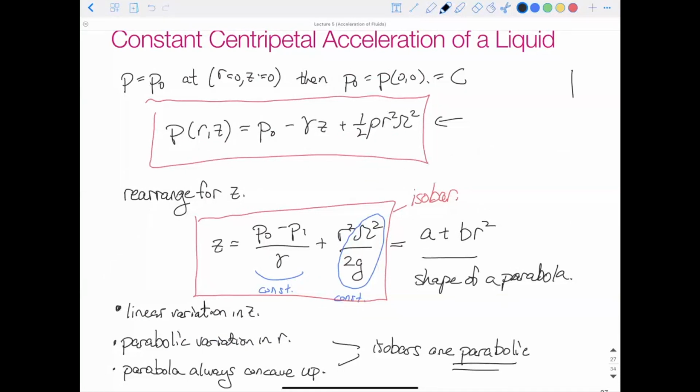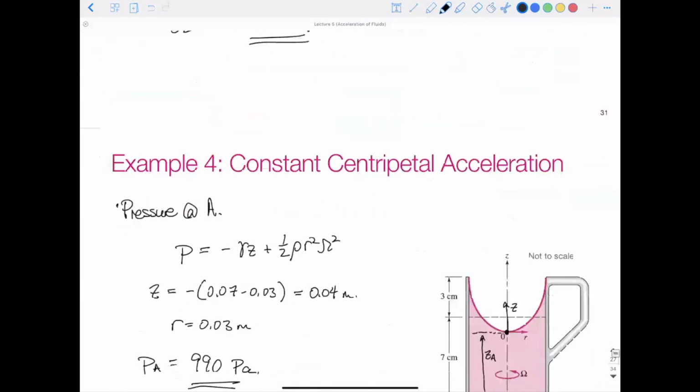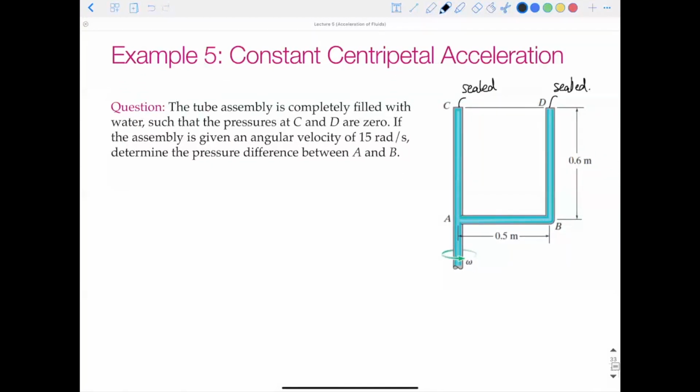And this was in reference to R and Z. So R and Z is going to be sitting right there. Where are we? Okay, down here. So this will answer your question.